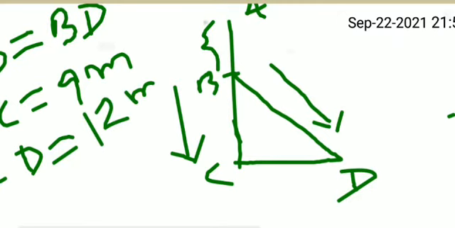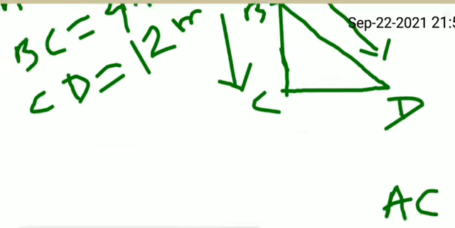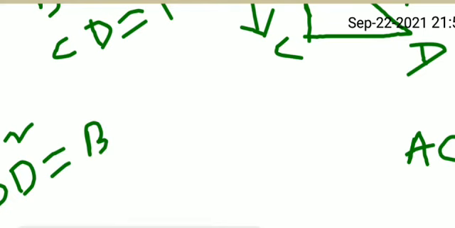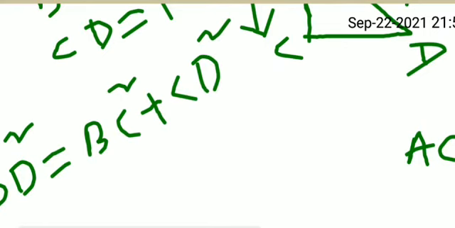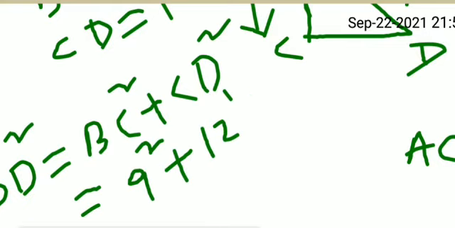So first of all you have to find BD by using Pythagoras theorem. So BD square equals BC square plus CD square. BC is 9, so 9 square, plus CD is 12, so 12 square.